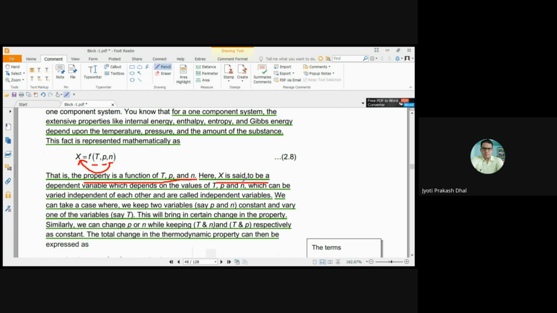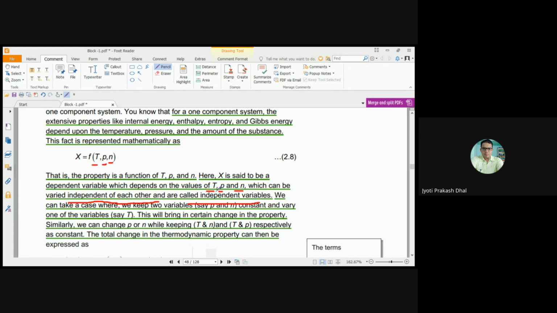Here X is said to be the dependent variable, which depends on the values of temperature, pressure, and number of moles n, which can be varied independently of each other and are also called independent variables.